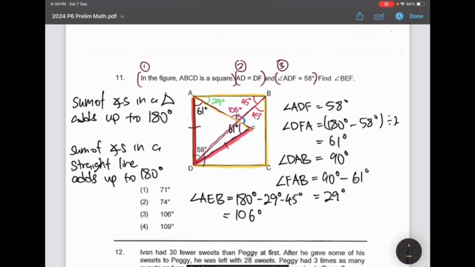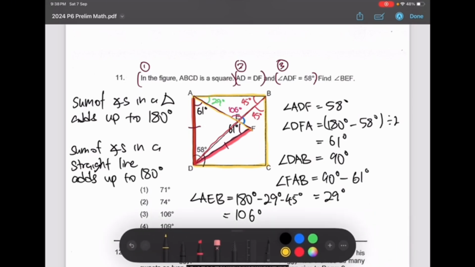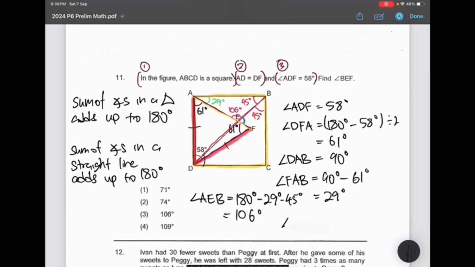I can. How do I do that? Angle BEF equals to 180 degrees minus away angle AEB, which is equals to 106 degrees, and that would give me a grand total of 74 degrees, and that is your answer for question number 11.